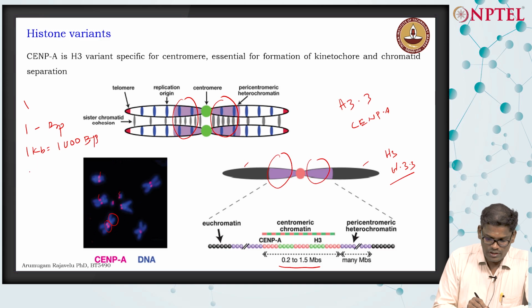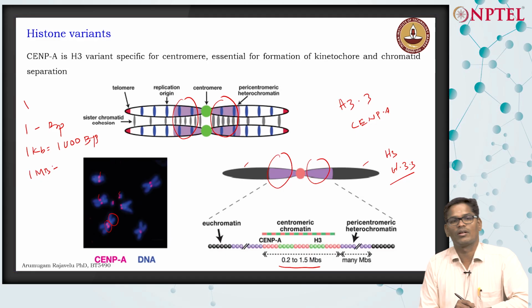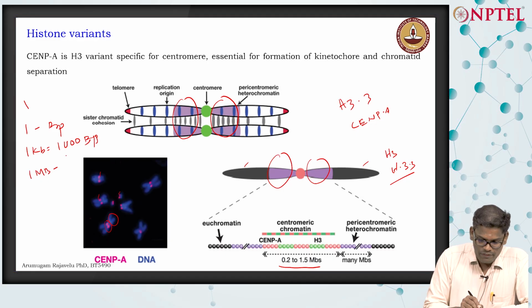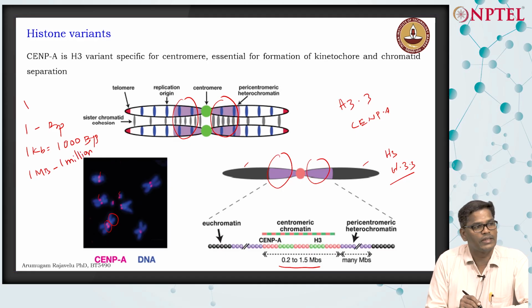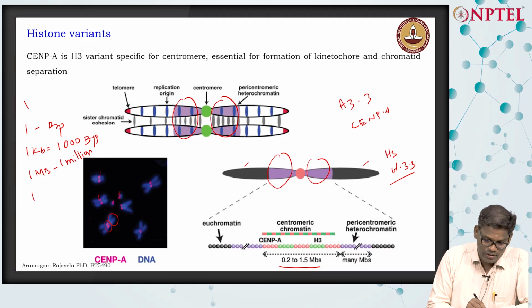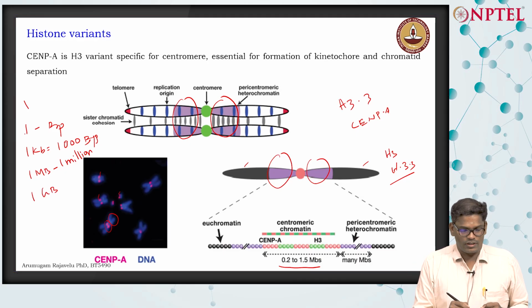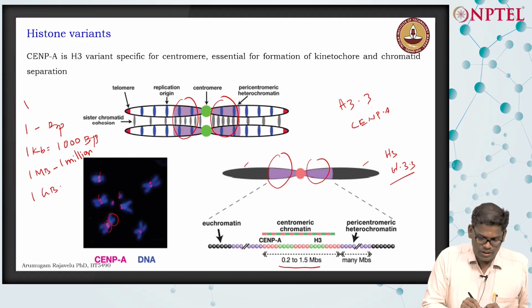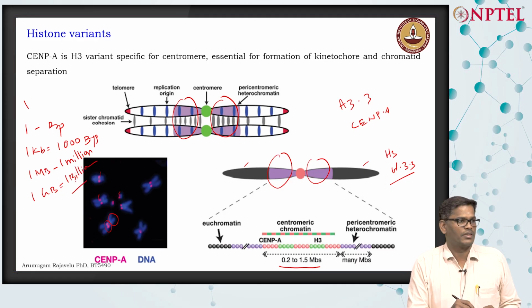The next is 1 MB, that's 1 megabase pair, which is 1 million base pairs, 10 lakhs. And then next is 1 GB. So these are four major terms you should keep in mind. 1 gigabase pair is 1 billion, 100 crore base pairs.